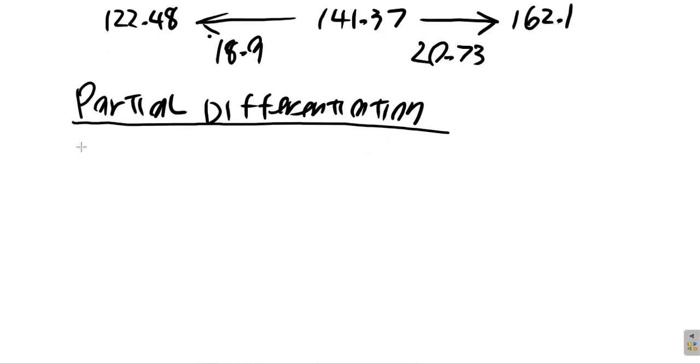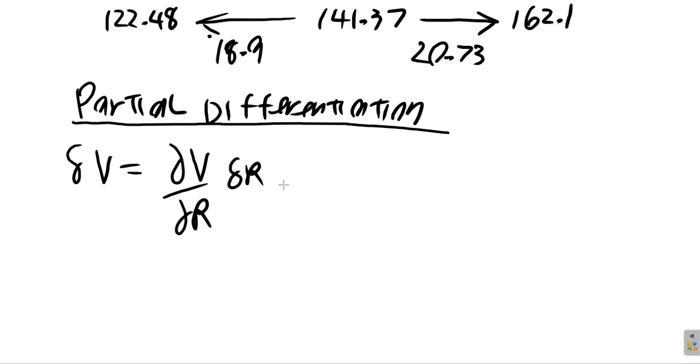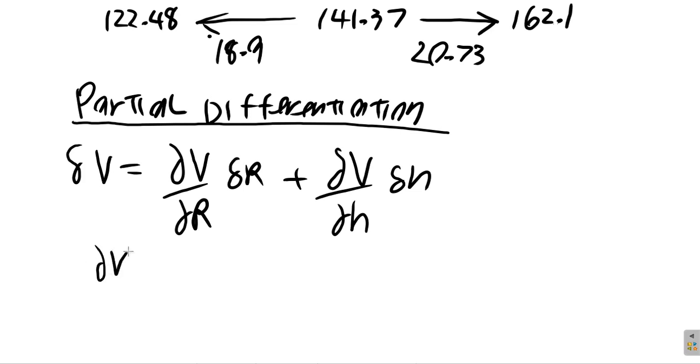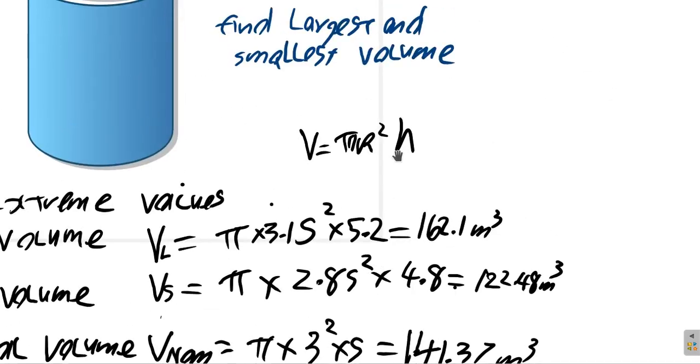Now, a small change in v would be the partial derivative of v with respect to r times a small change in r, plus the partial derivative of v with respect to height times a small change in height. Now, what is the partial derivative of volume with respect to r? Volume is pi r squared h, so it's 2 pi r h.